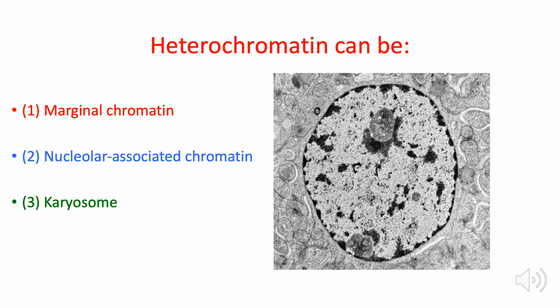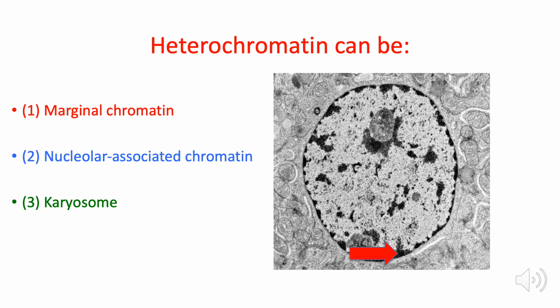That brings us now to the different types of heterochromatin, or the dark staining forms or condensed forms of DNA inside the nucleus. The dark staining areas that are found near the nuclear membrane, particularly the inner nuclear membrane, will be called the marginal chromatin.